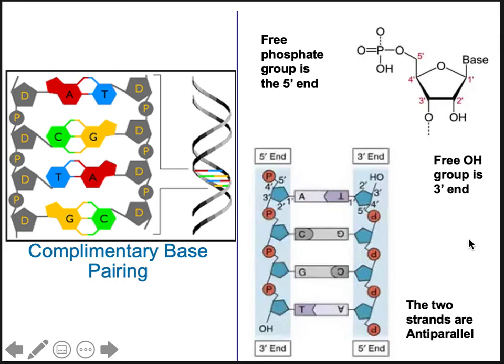Okay, so complementary base pair, A to T, C to G. Free phosphate group is the 5' end, the free OH group is the 3' end, and the two strands run anti-parallel or in opposite directions.